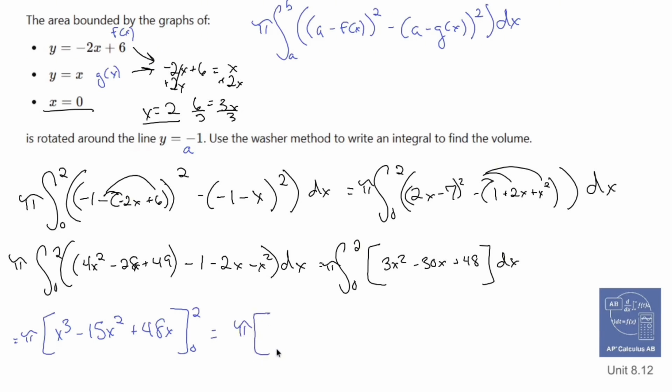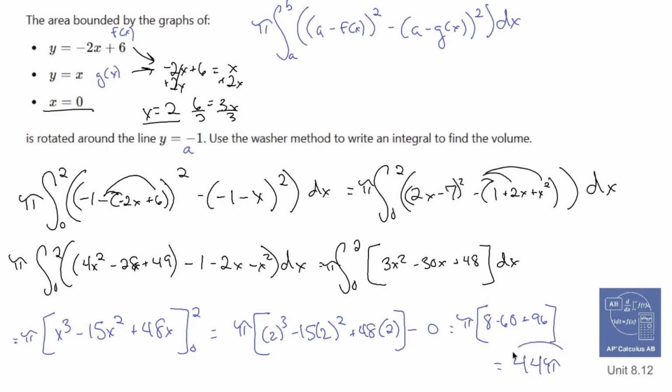Pi times 2 cubed minus 15 times 2 squared plus 48 times 2 minus, plug in 0, you get 0. Pi times, you become 8, you become minus 60, you become plus 96, and when all is said and done, 44 pi.